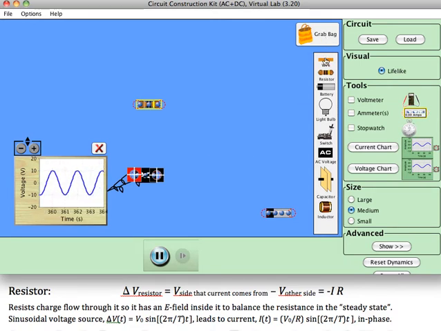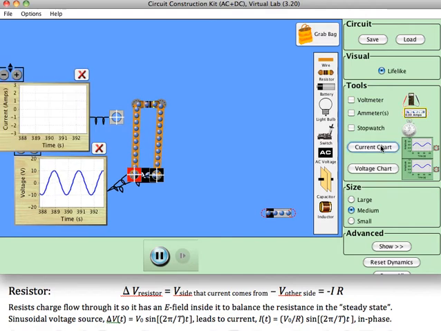But if I hook it up to an AC power supply, the AC voltage is of course going to be oscillating up and down. The question is, what does the current do?